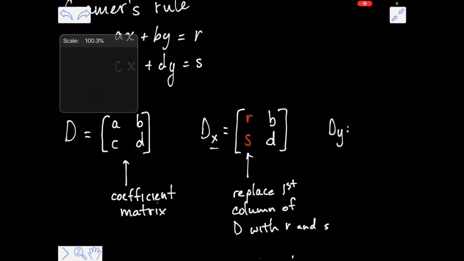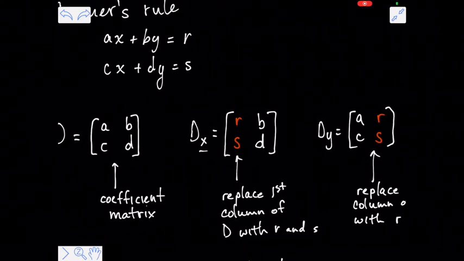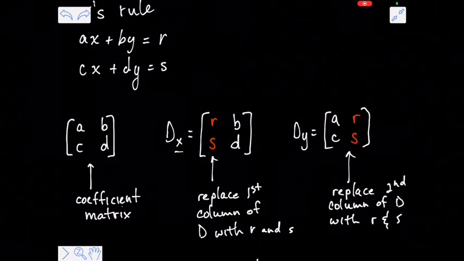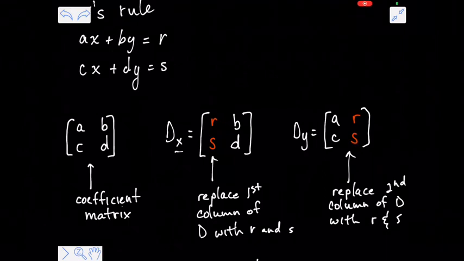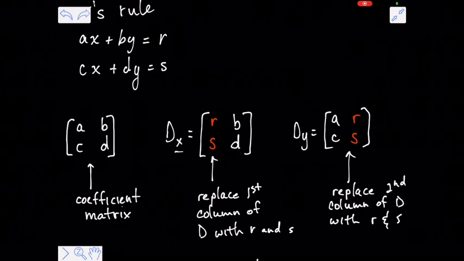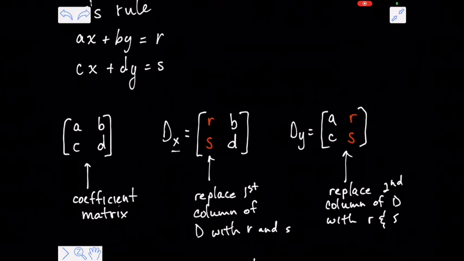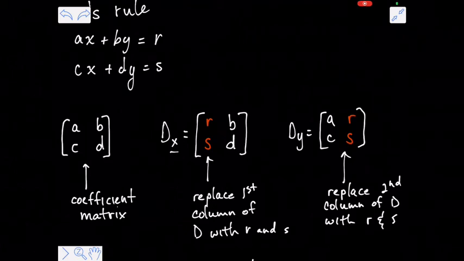Now the last one, d with a subscript of y, and I use a subscript of y to help you remember that it's in the y column or the second column. You replace the coefficients b and d with the values r and s. So they go right there in the second column. So those are the three matrices. We have d, then d sub x, and then d sub y.